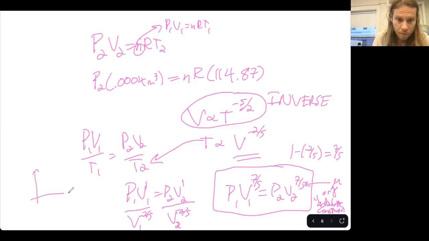And if we were to graph it, these isotherms are P goes as V to the negative 1, P goes as V to the negative 7/5, goes from 0.1 here to 0.2 here. And that's our adiabatic graph. We're going to do more of that next week or later on, but adiabatics go drop in temperature, drop in pressure.